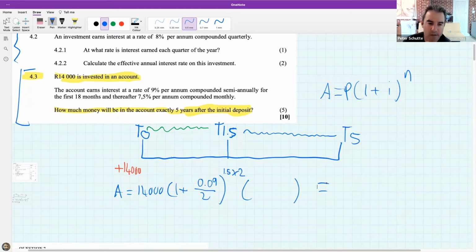Oh, wait, I need to put my interest rate on here. So 0.09 divided by 2. Okay, so for me, and so then I've got 3.5 times 12.